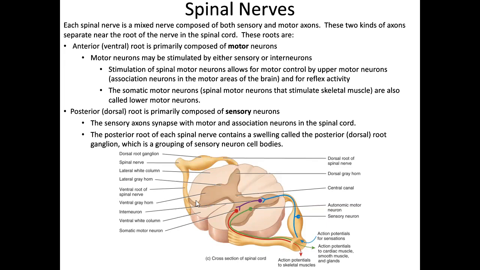On the other side is what we call the ventral or anterior root. And inside of there are the axons of motor neurons. Specifically, in most places, it's just the somatic motor neurons that are in that root.